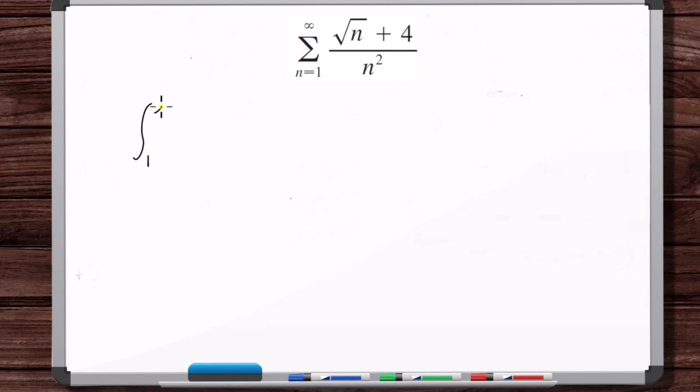We want to evaluate the improper integral. So the limit as t approaches infinity.